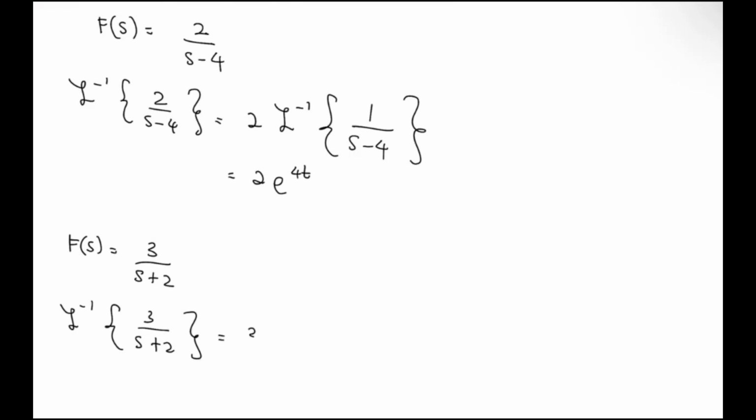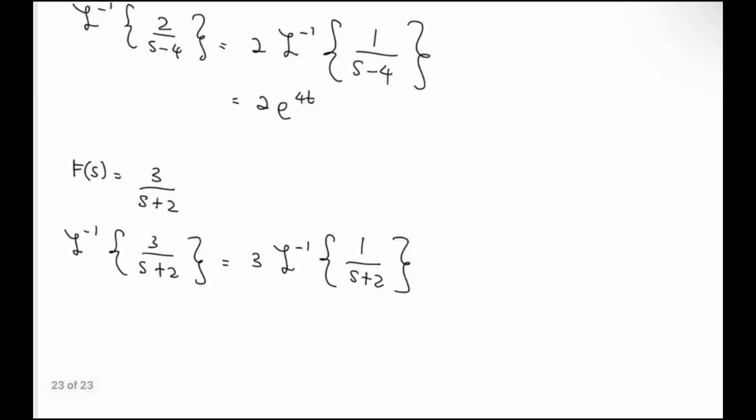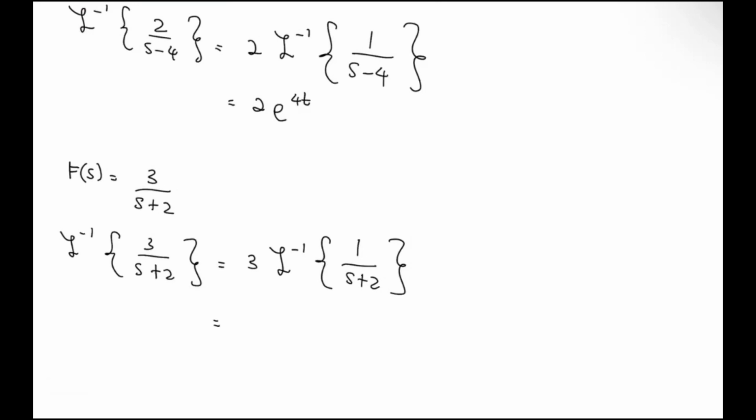So 3 you can put outside, and then 1 over s plus 2. So this one is equal to e^(-2t). So multiply by 3, so we get 3e^(-2t).